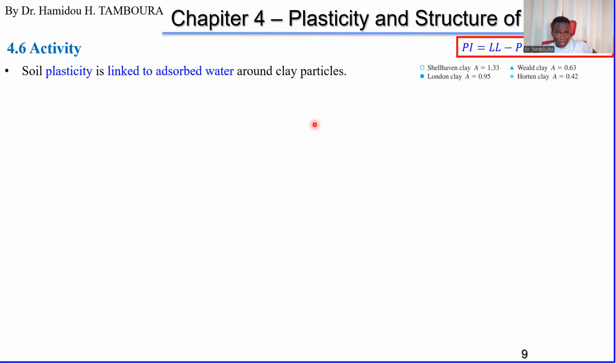This chapter is for fine soil, clay, for example. Sometimes the soil is mixed sand and clay, but still the effect is mainly on the clay. So plasticity is linked to the absorbed water around clay particles.